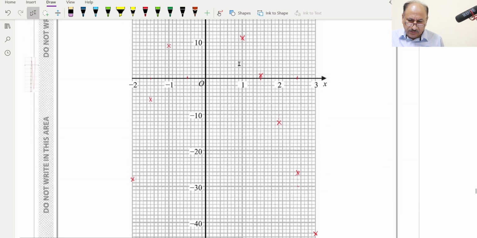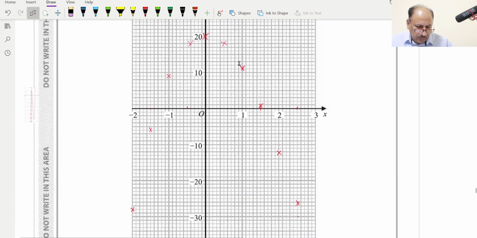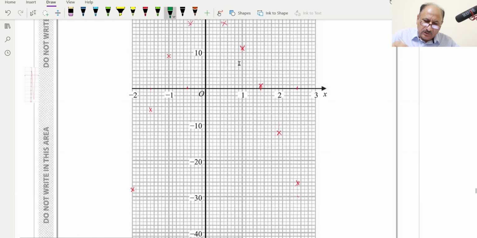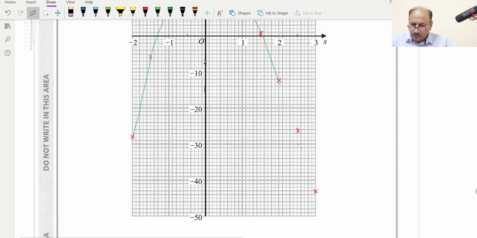Now we have the points, and we can plot this curve. We have to draw a smooth curve. For that I will try to be as smooth as possible, and we will have to draw it like this. You will have to practice this for a smoother curve.